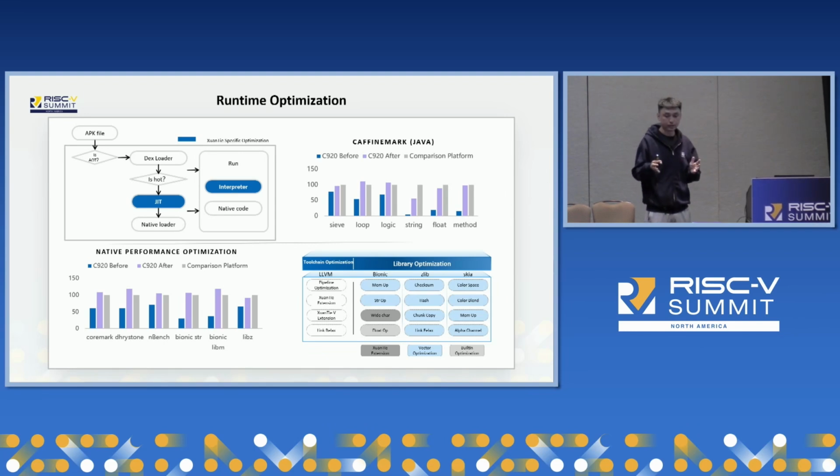The blue one is before our optimization, the purple one is after optimization, and the gray one is the comparison platform. You will find that after optimization, the effect is significantly improved.